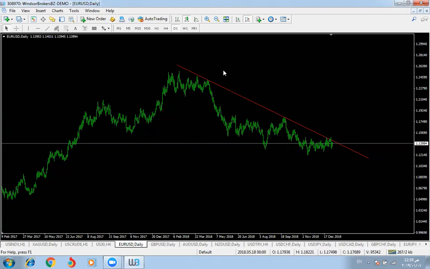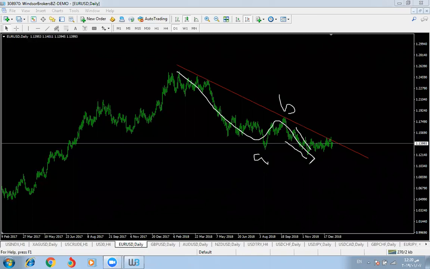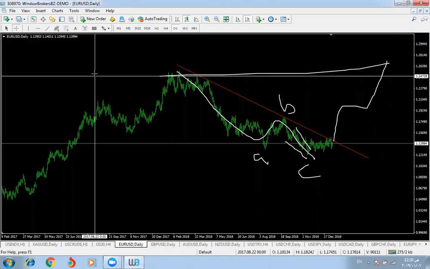We have seen this movement to the downside in the form of ABC, where wave C is in the form of a contracting ending diagonal. So our next swing to the upside should be in the form of ABC. The price has to test this high right there around the 1.25 area.